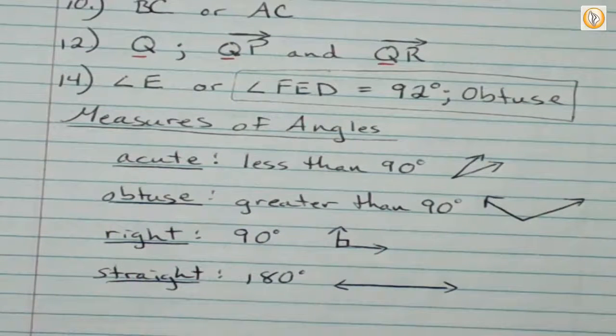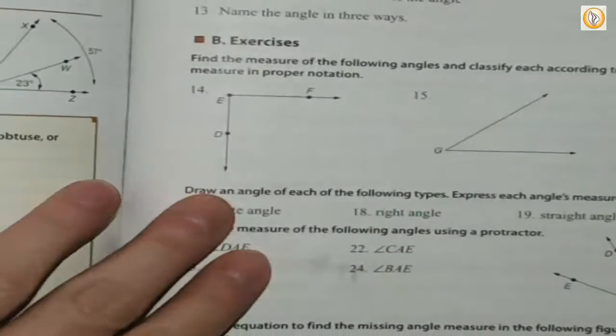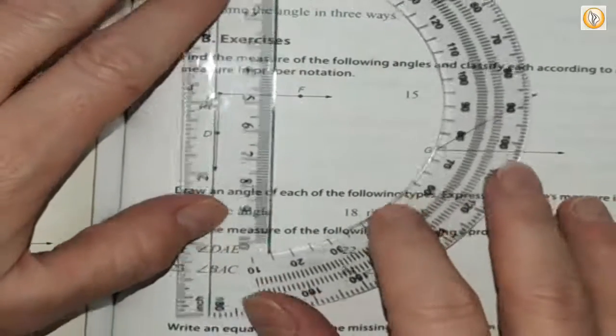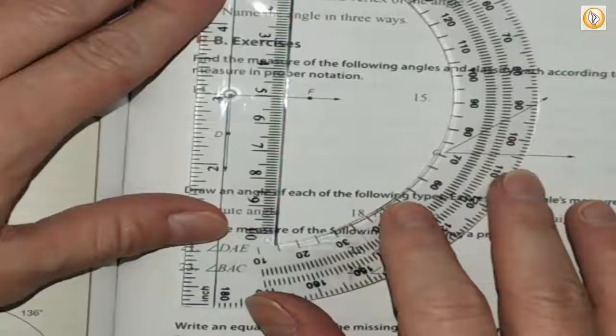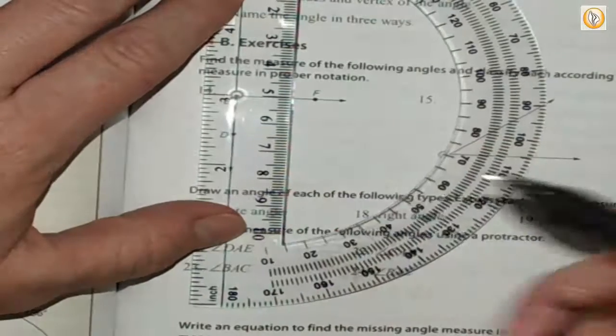All right. So look at 14. If I were to try and measure this, the center little point goes there on your vertex.